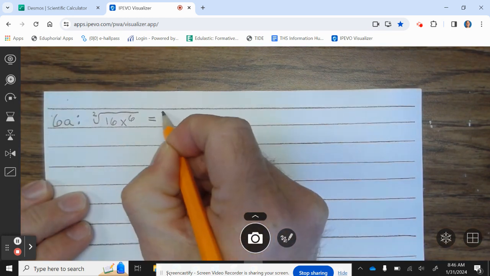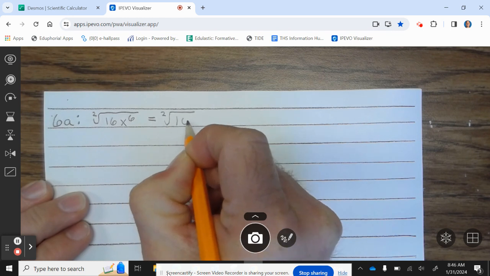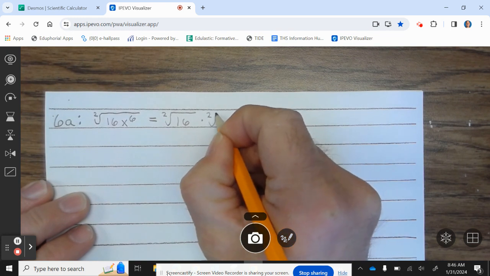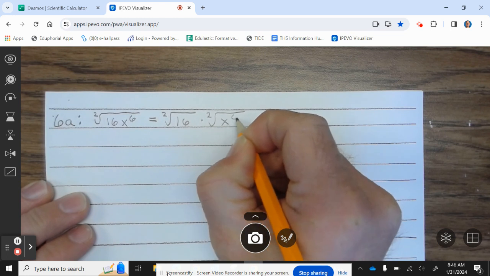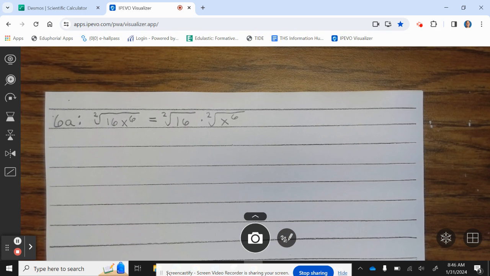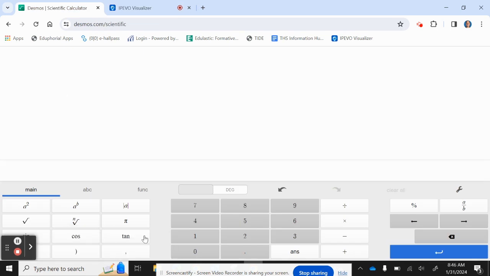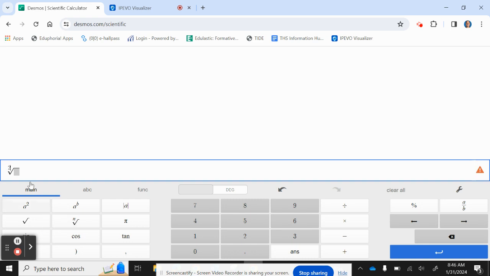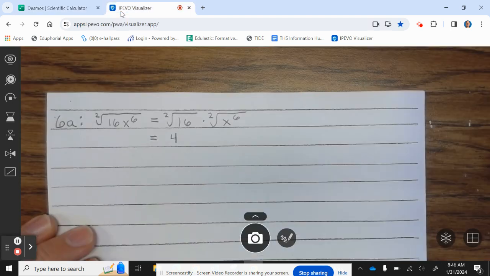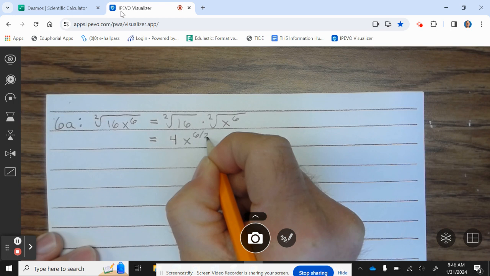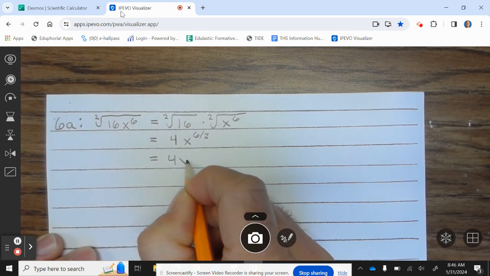We can rewrite this as the second root of 16 times the second root of x to the sixth equals, let's go ahead and do the second root of 16, which is 4, times, this can be rewritten as x to the sixth divided by 2, which simplifies to be 4 times x cubed.